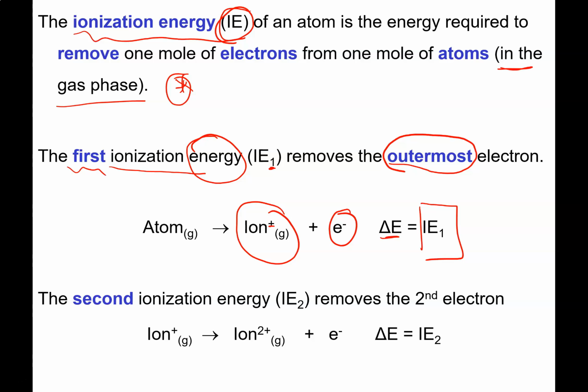We can remove a second electron: we take our ion with its single positive charge and remove a second electron, giving us a double positive charge, and the energy required is called IE2. And so on, we can keep removing electrons.